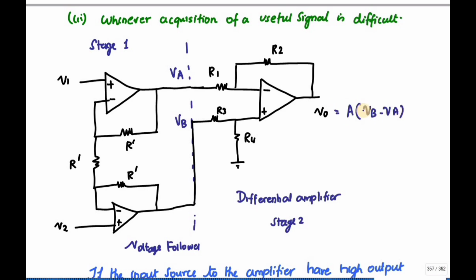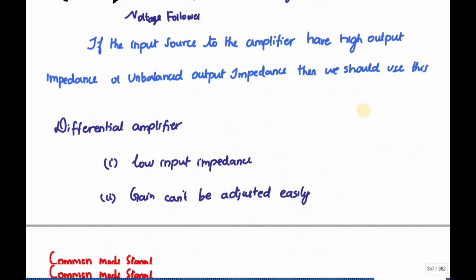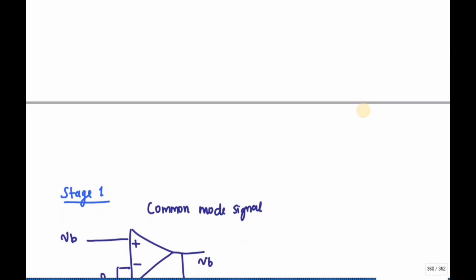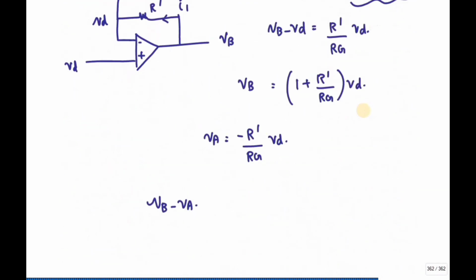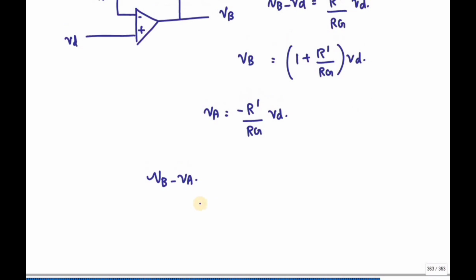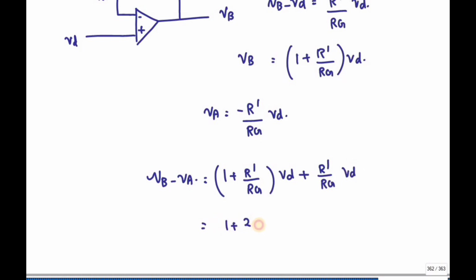So what is VB minus VA now? VB minus VA is equal to 1 plus R dash divided by RG into VD plus R dash divided by RG into VD. That is equal to 1 plus 2R dash divided by RG into VD.